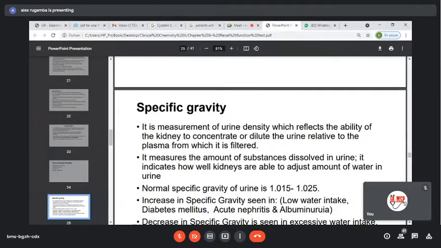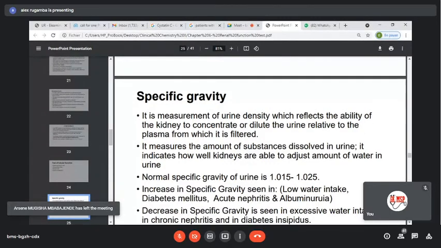The normal specific gravity varies between 1.015 and 1.025. An increased specific gravity will indicate lower water intake, or diabetes, or acute nephritis.